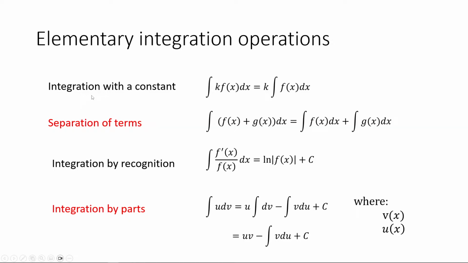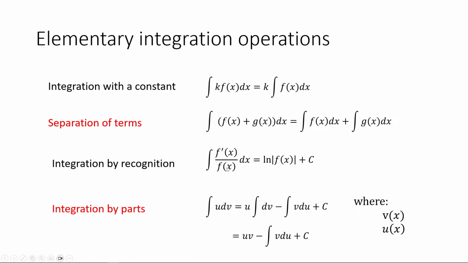We also covered integration with a constant. If you have a constant here, you can just take it out and multiply whatever you have by this constant. Separation of terms, we've learned this, where you can integrate this part and this part here. Integration by recognition is also common.